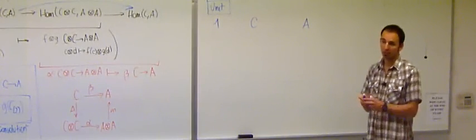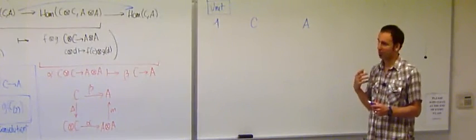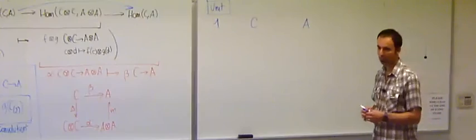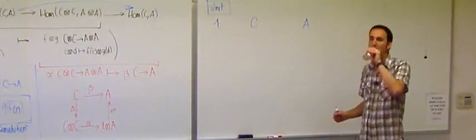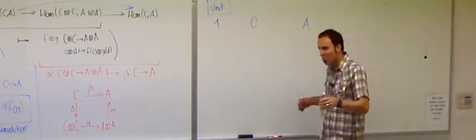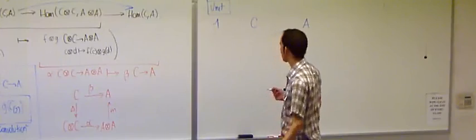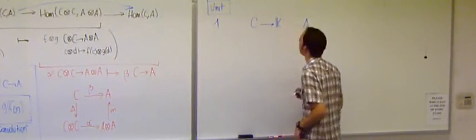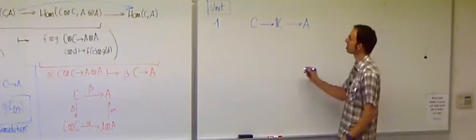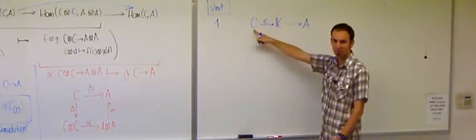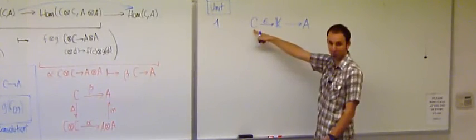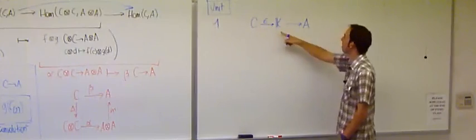And again, keep in mind that you want to use the fact that C is a coalgebra and A is an algebra. So how do we go from C to A? The coalgebra wants to send C to k and the algebra wants to send k to A. Right? This is the counit of C, epsilon sub C, but I dropped the subscript because there's only one epsilon here. And from k to A, I have the unit.